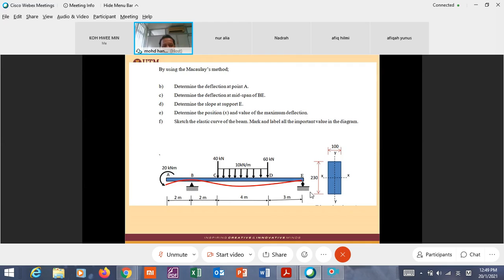So this is my college method. Some of you may ask what method will be used in the final examination, whether Macaulay's method, double integration method, unit load method, or moment method. I'll answer that during the revision weeks.